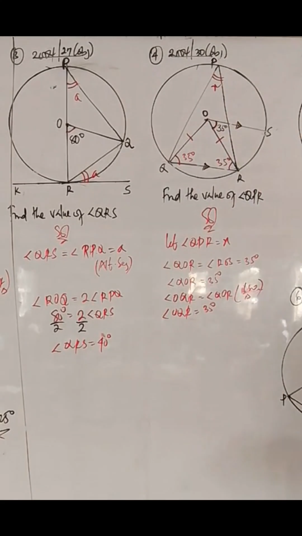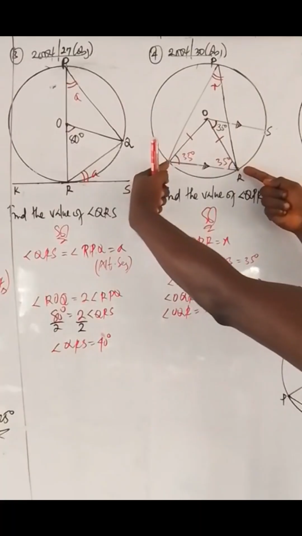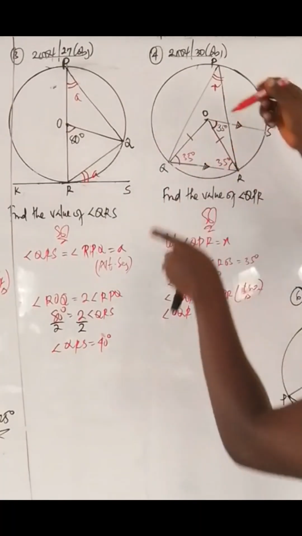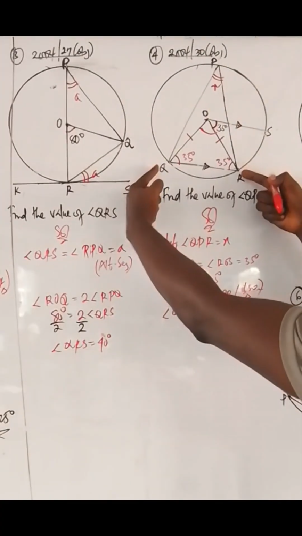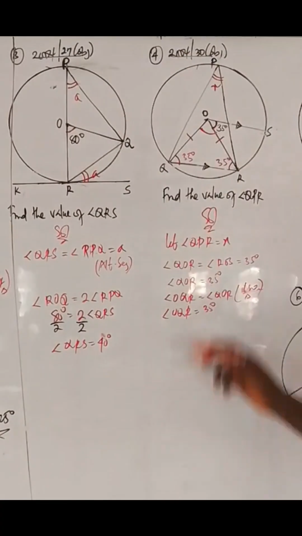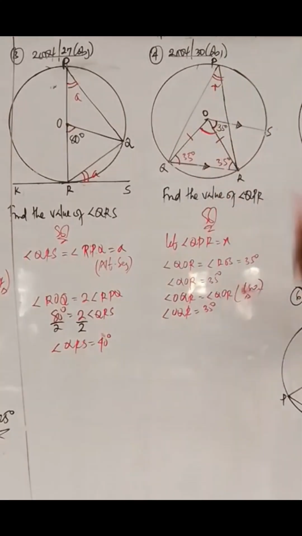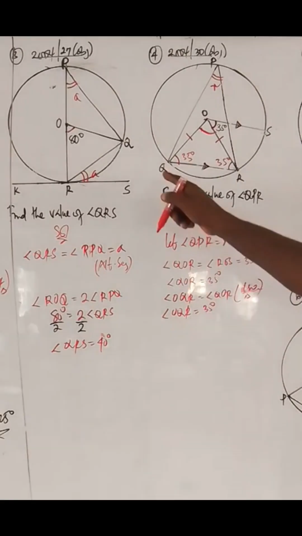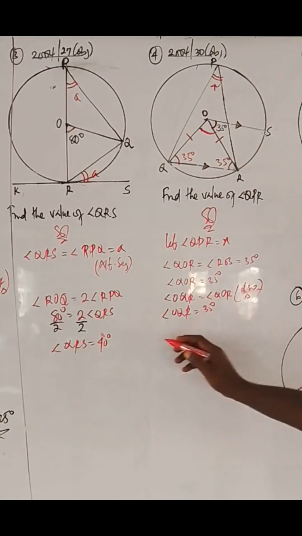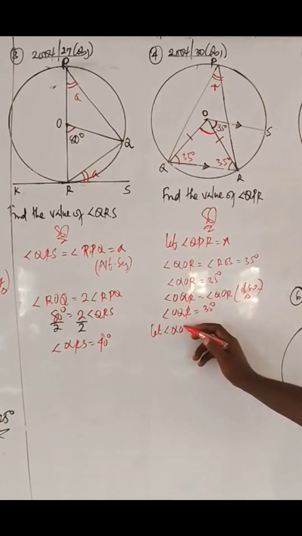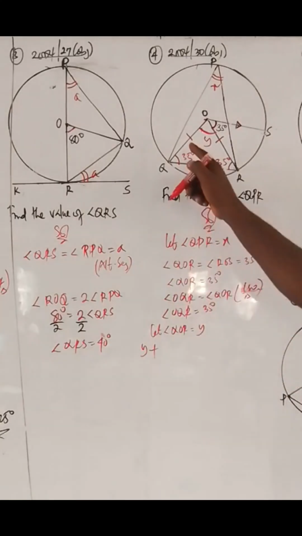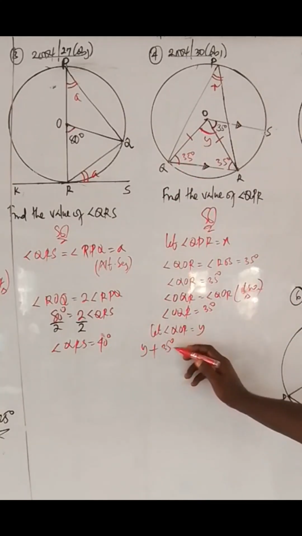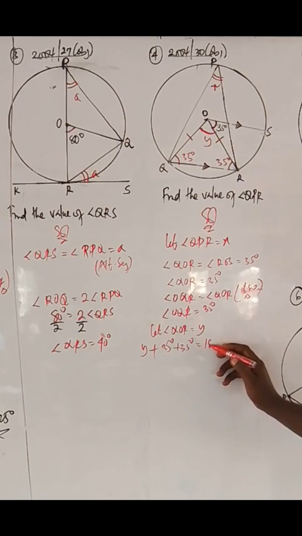Well, I know obviously that QR subtends this particular angle at the center, and this same QR subtends this angle at the circumference. The angle at the center is twice this angle. So first, let's get this angle, which we can get from the triangle. That's angle QOR. Let angle QOR be Y. So Y plus 35 plus 35, that's 70, must give us 180.